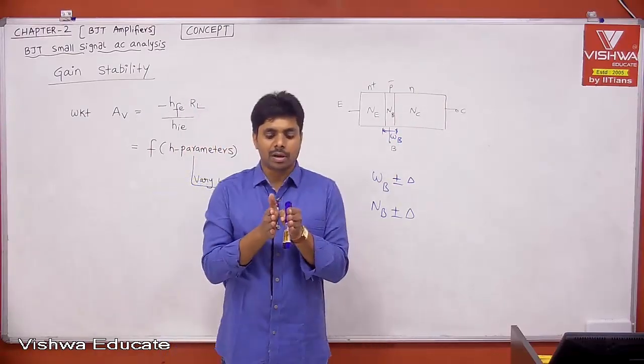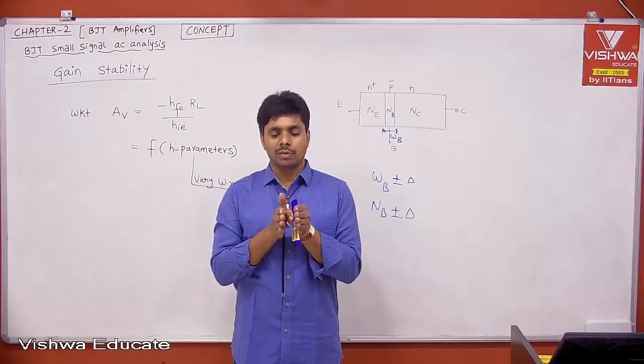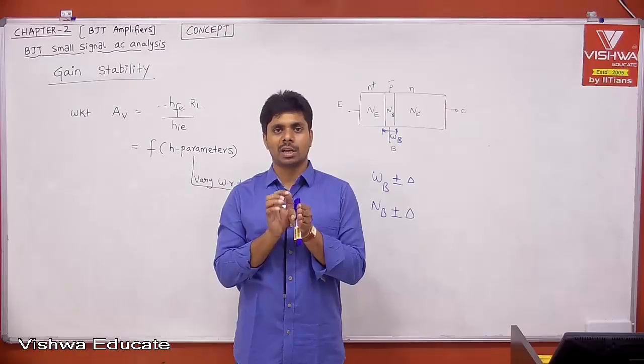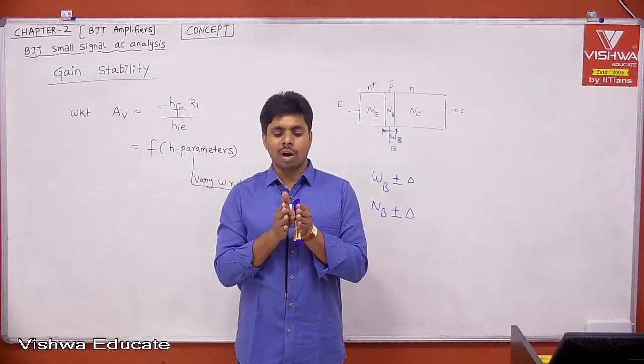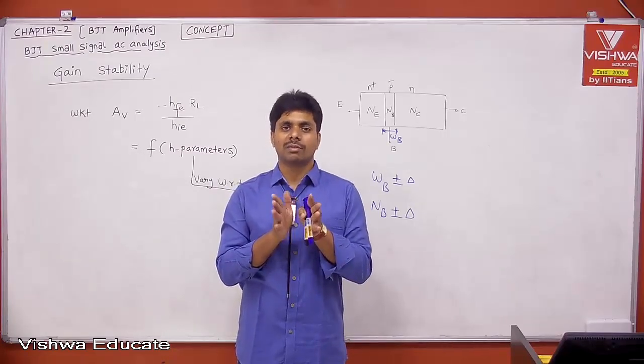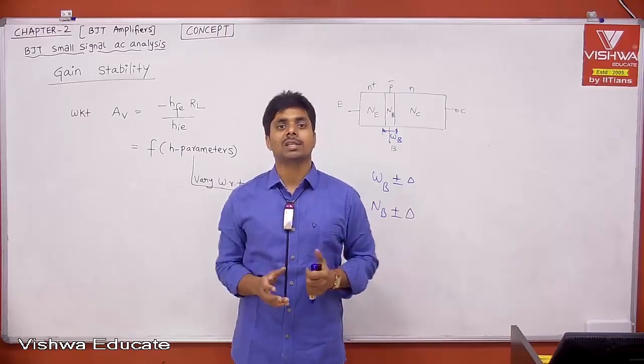Then remember, with respect to time, gradually the width of the base may change, or the impurity atoms may move due to temperature and thermal agitation. What will happen? Maybe some of the impurity atoms may diffuse to the neighboring portion. Whatever it may be, the physical base width will be altered.